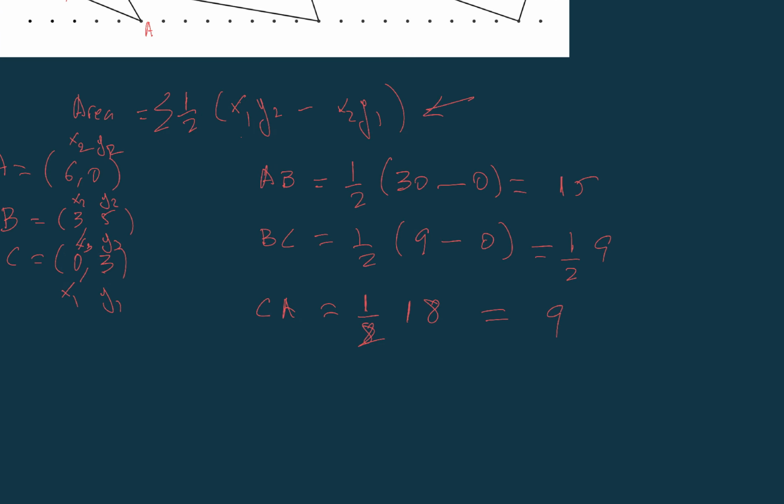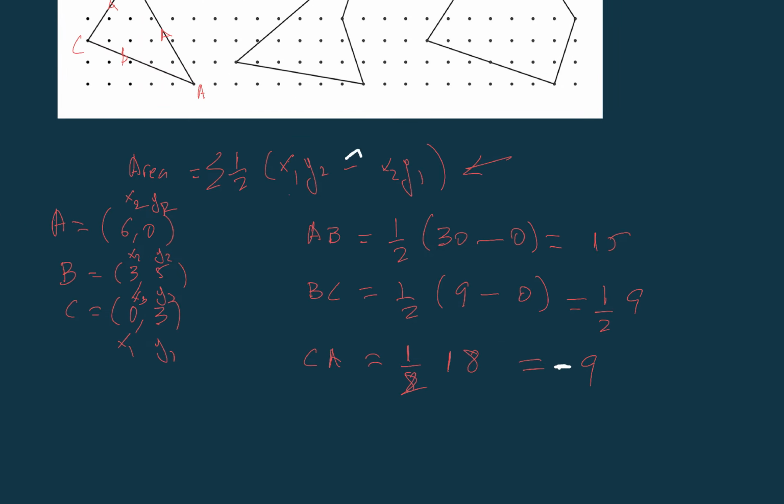And what is the area? Here it is minus 9, because the formula has a minus: minus x2 multiplied by y1. y1 is 3 and x2 is 6, so minus 18. Here it is minus 1/2 of 18, which is minus 9.